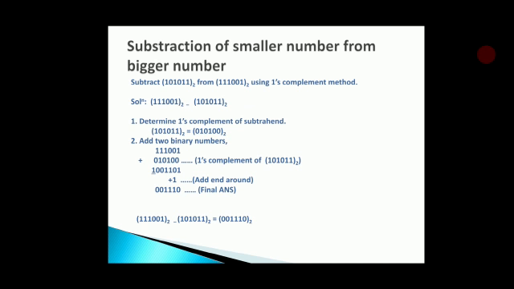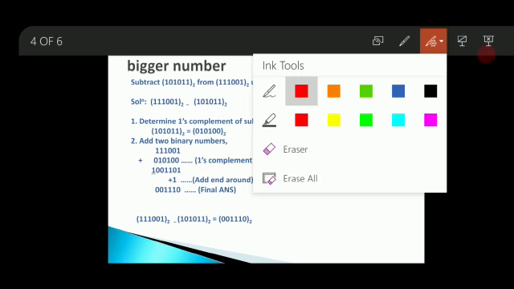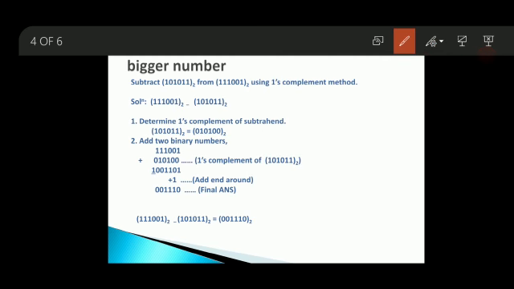In the first case, we'll take subtraction of a smaller number from a bigger number, that is, bigger number minus smaller number. This will be the bigger number and this will be the smaller number: 111001 minus 101011.